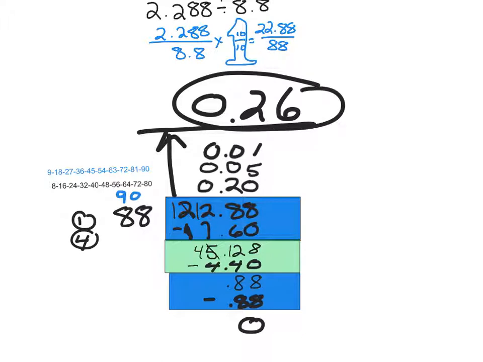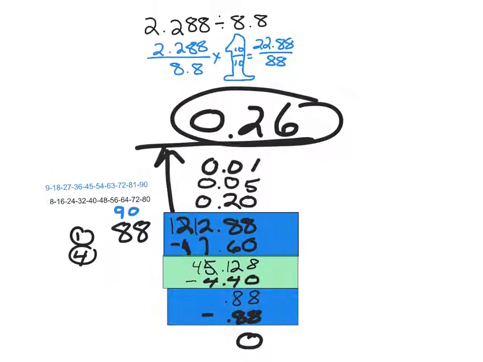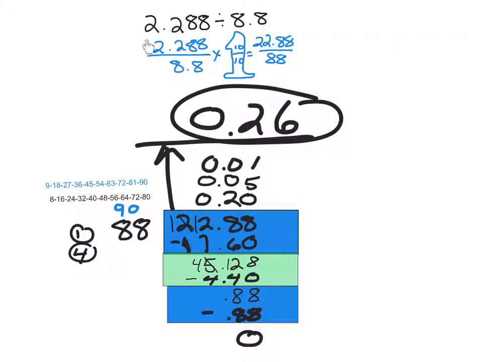And right there is your answer, 0.26. So in wrapping this up, you've got 2.288 divided by 8.8, and your answer is 0.26.